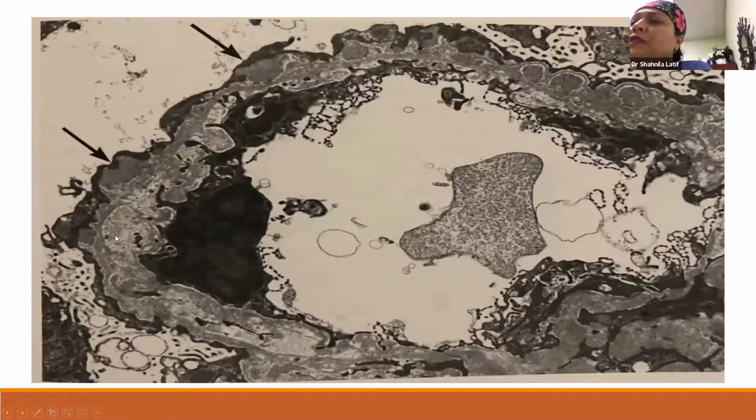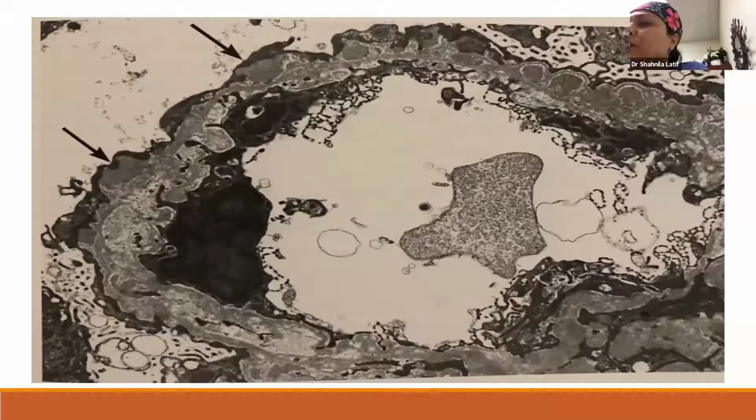And then if you go towards the right side of this picture, you see the deposits are incorporated in the basement membrane, which is stage 3 of membranous. So stage 1, stage 3, and then some are basically disappearing, stage 4 membranous. So these are different stages of membranous deposits. I thought it's a good example to see how these deposits look in membranous.